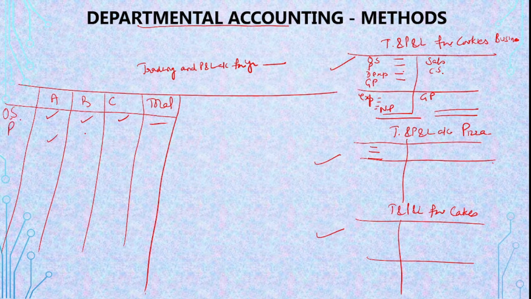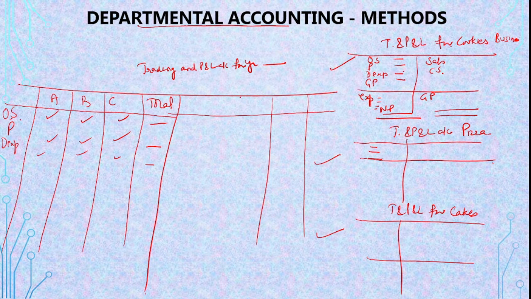Purchases of each of the departments and total. Direct expenses of each of the departments and total amount. Likewise on the credit side also we have 4 columns, one for each department and then one for total. So you prepare the account in a columnar form.